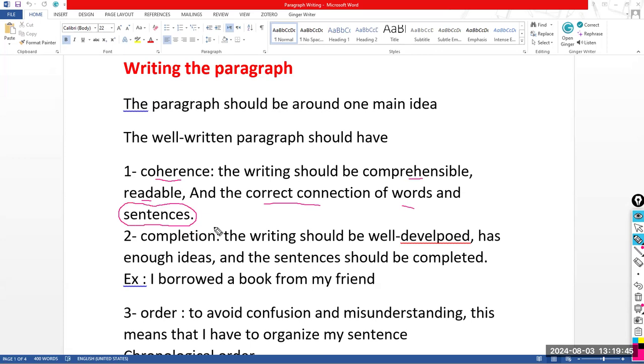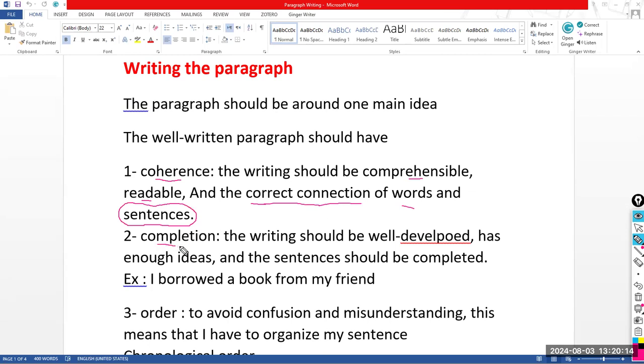You have to use the simple sentence, the compound sentence, the complex sentence, the compound-complex sentence. Avoid using the simple sentence all the time because you will be weak. And use conjunctions and transition words as much as you can to correctly connect the words and sentences and for your writing to be smooth.